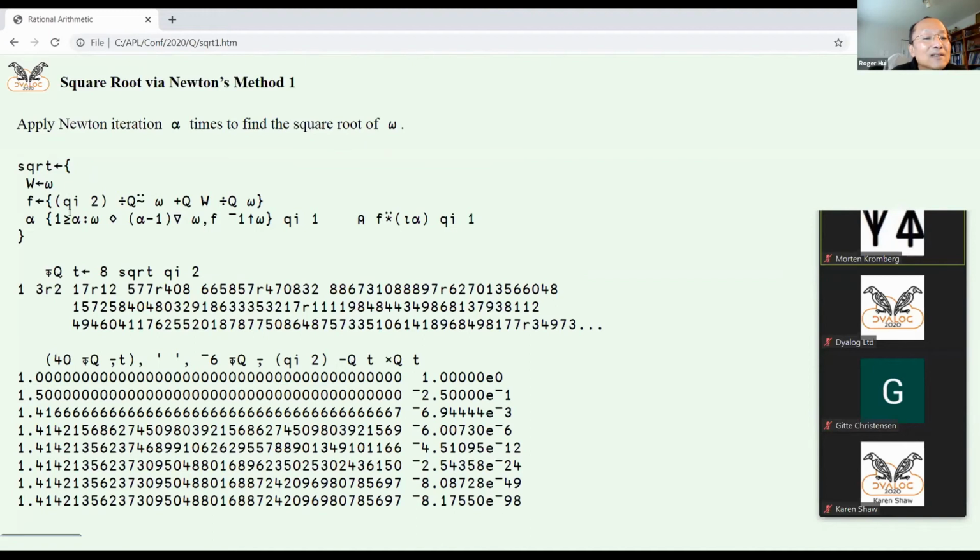And by the way, this expression can be equivalent to f to the power iota alpha q f1.